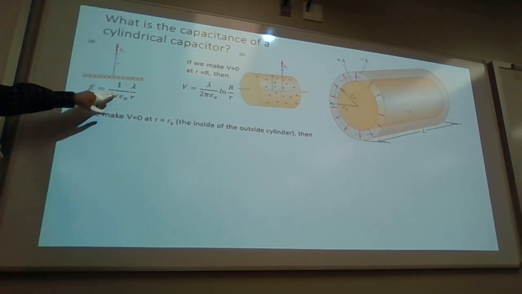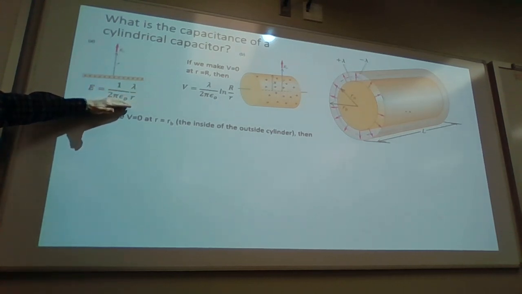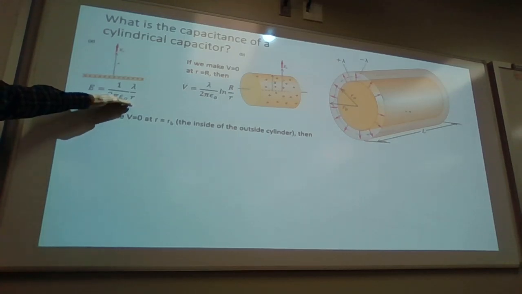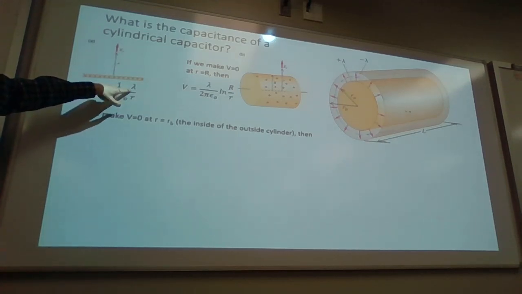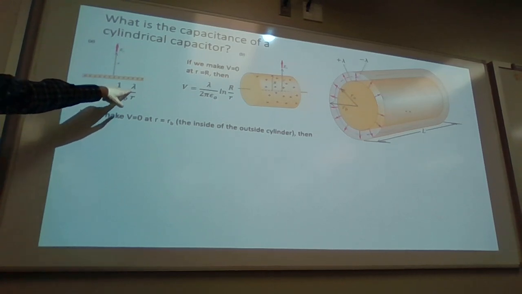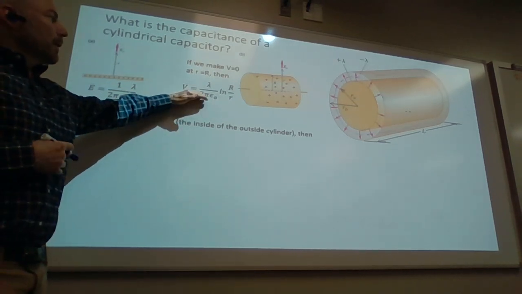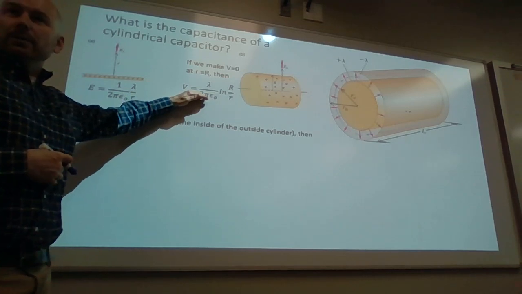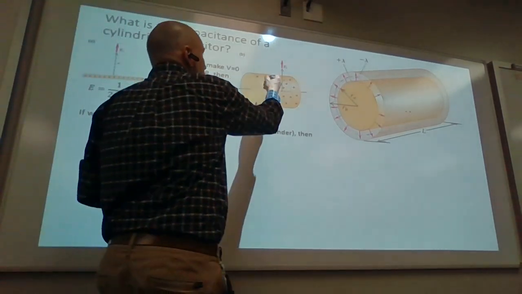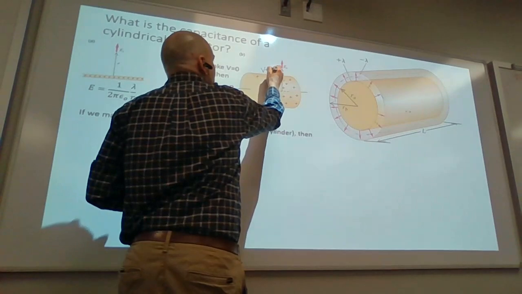We've done this a couple different times. I found the electric field using Gauss's law. You have a linear charge density, and then we integrate that, and we get this expression, which we make this point here 0.